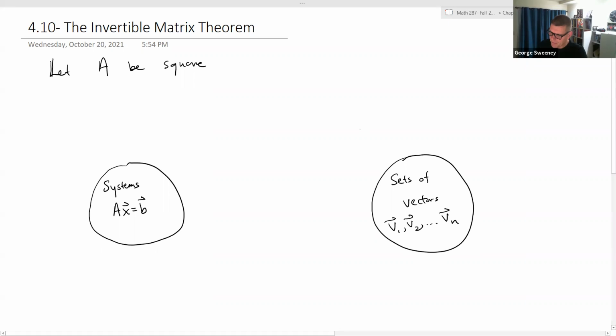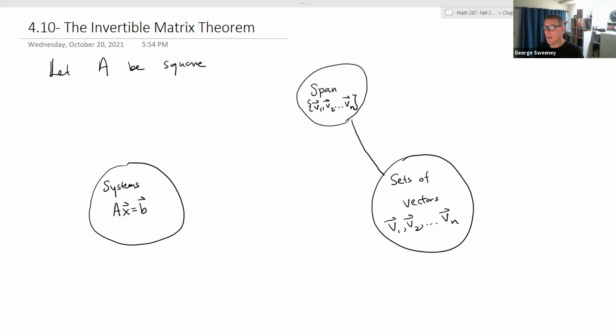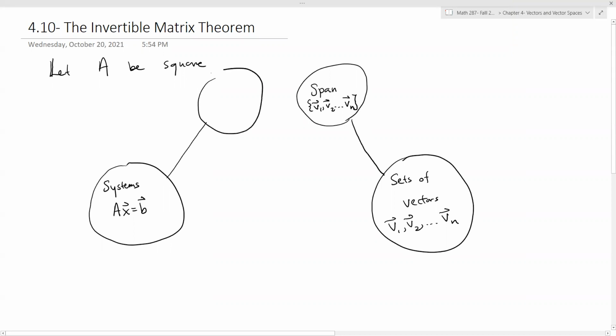So we'll start out with some of our ideas of sets of vectors, and we start out with the idea of span. We're going to look at the span of v1, v2, all the way up through vn. The idea here is that a vector is in the span if we can write it as a linear combination of the other vectors. That's going to relate to systems in the invertible matrix theorem.